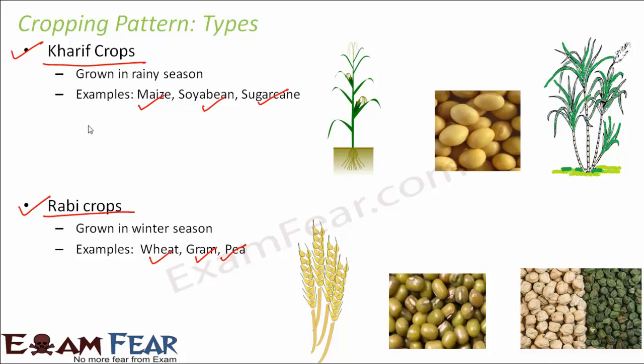Normally these kharif crops are grown during the period from June to September. So this is the period between summer season and winter season, whereas the rabi crops are grown somewhere around November to March. Peak winter starts from December, but November also the weather becomes quite cold. So November to March is suitable for the rabi crops.